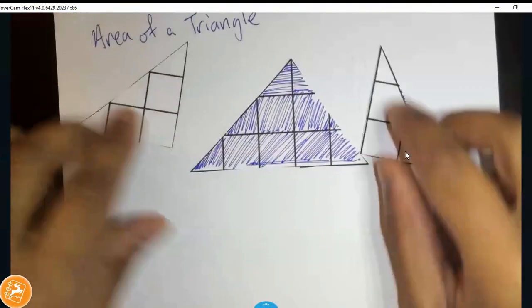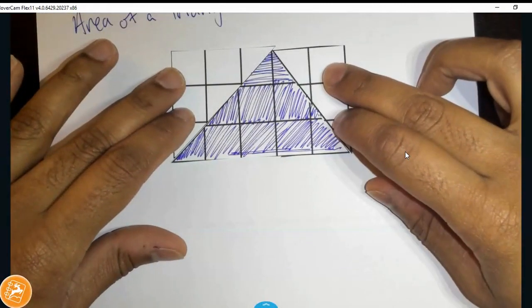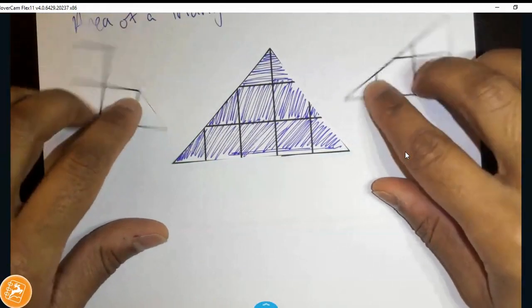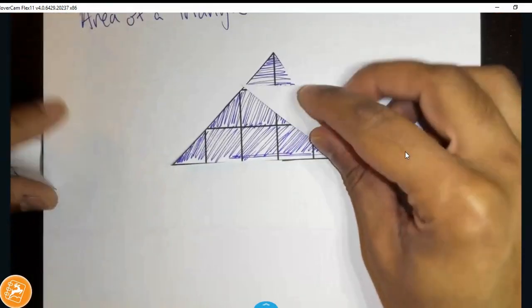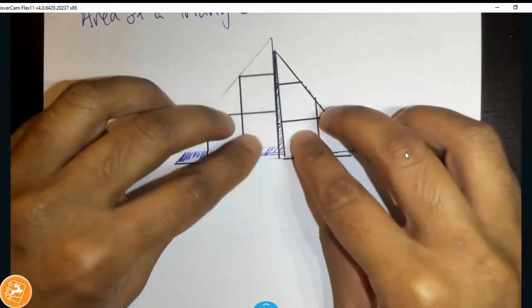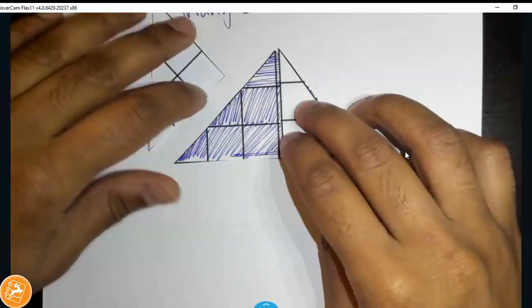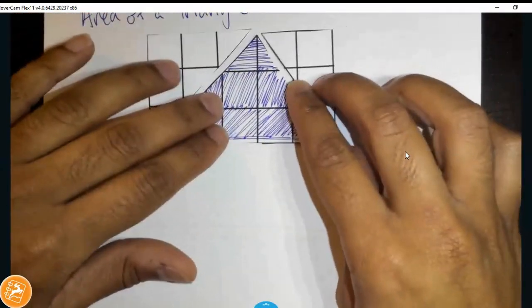So if you notice, if I take my rectangle that we started with, and if I cut off these two pieces, it's the exact same area of this original triangle. So now we need to stop and think, well, I don't want to find the area of the whole rectangle, right? I only want to find the area of that one triangle.